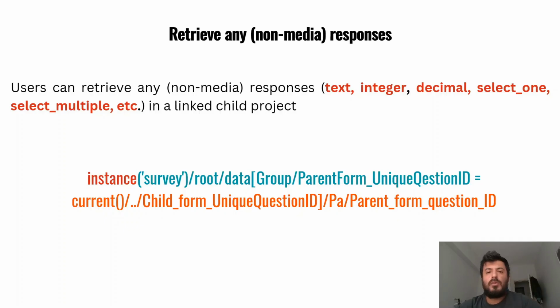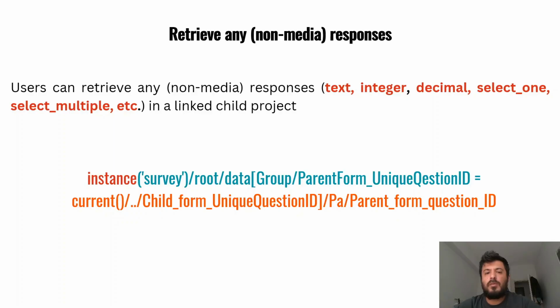If you would like to retrieve any non-media responses instead of only counting the submissions, you can again use a similar formula, and you can bring text type, integer, decimal, select one, and select multiple questions from the parent form, using a similar form with instance.